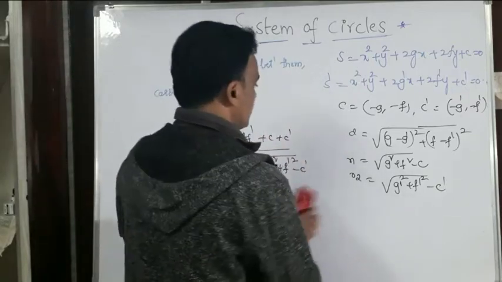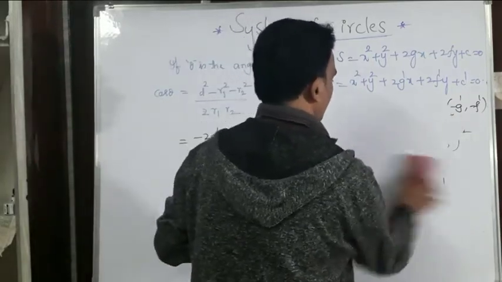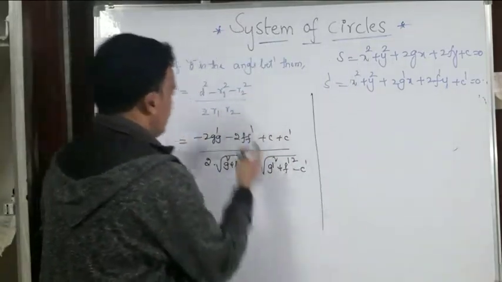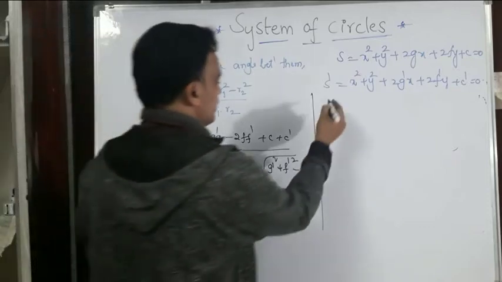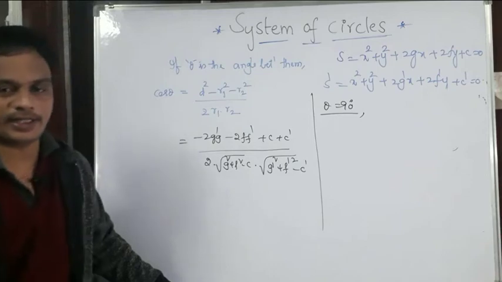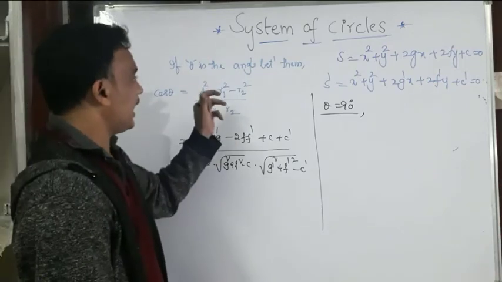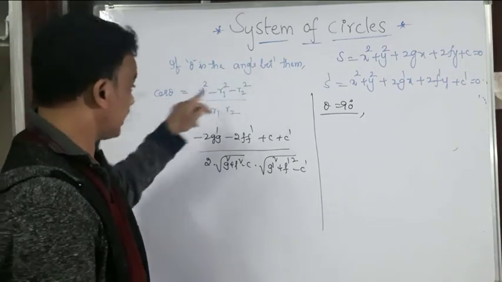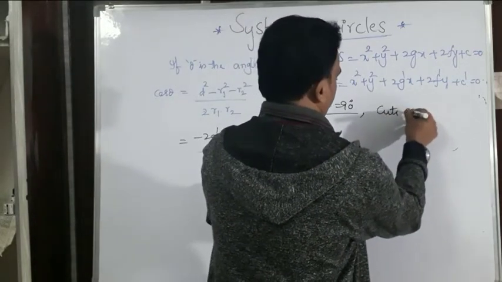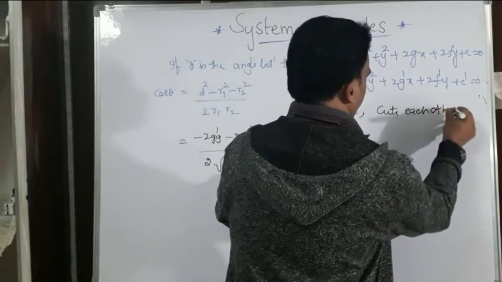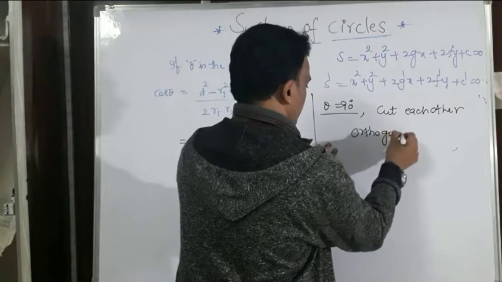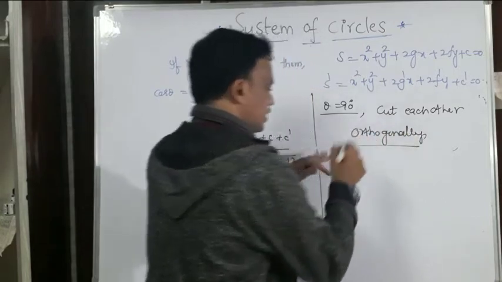One more thing: if the angle between the circles is 90 degrees, theta equals 90 degrees, then we can say the two circles cut each other orthogonally.